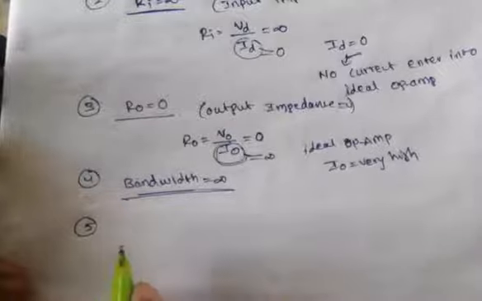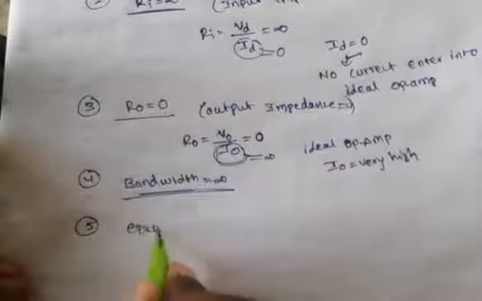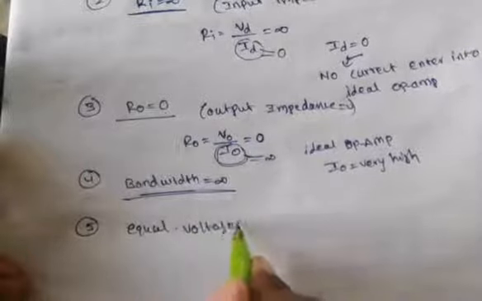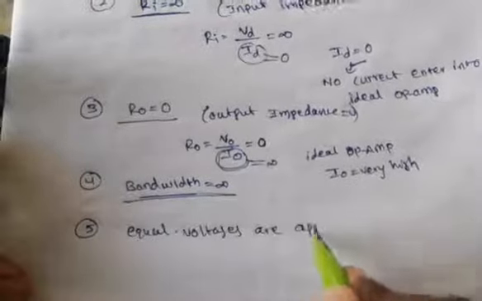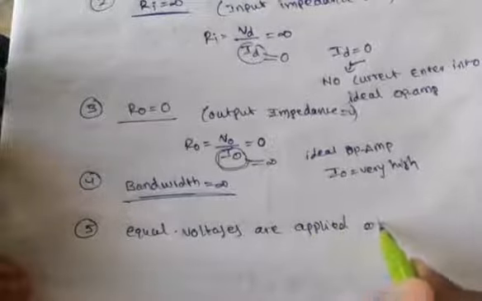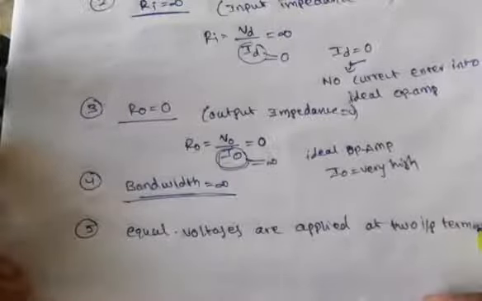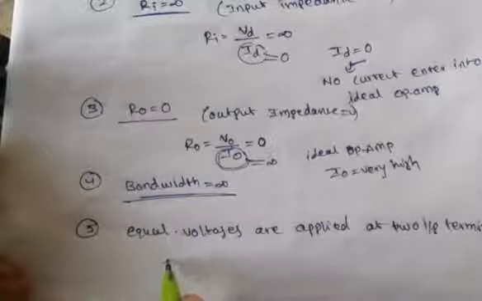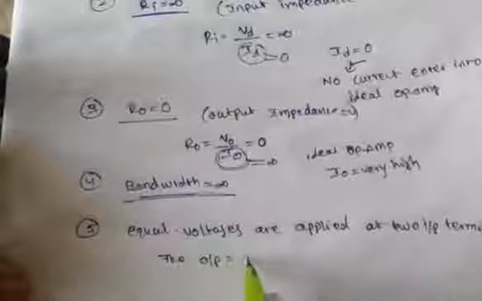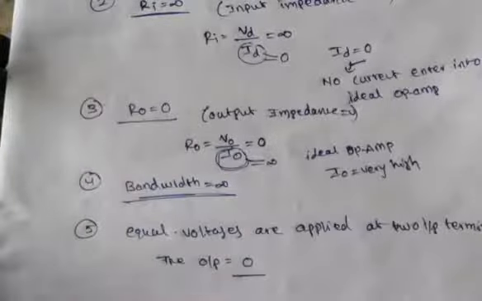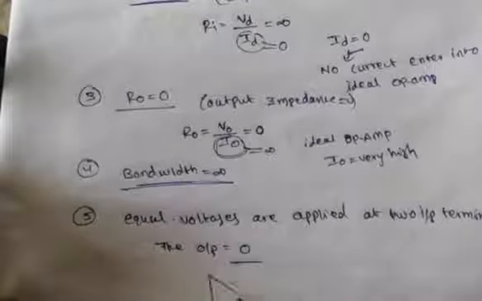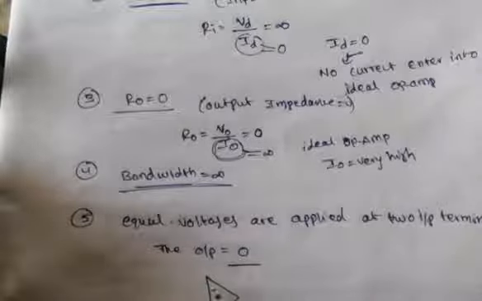Next point we will discuss: when equal voltages are applied at the two input terminals, then the output is 0. You can consider that the operational amplifier has two input terminals and one output terminal.